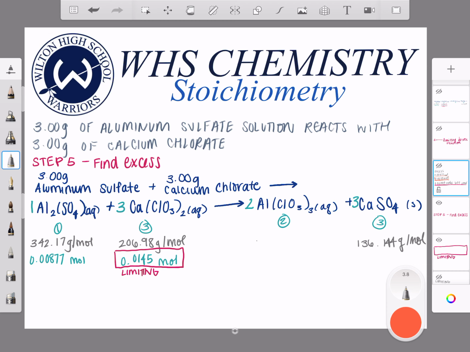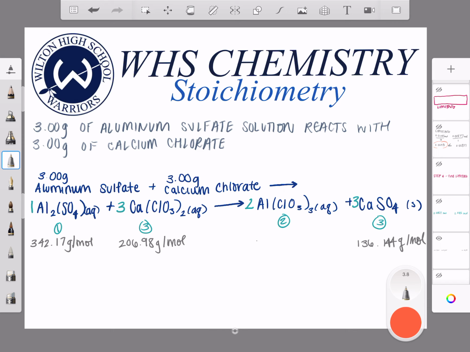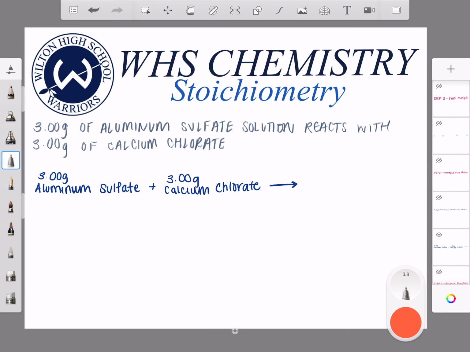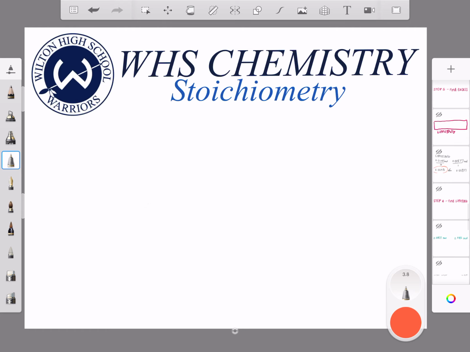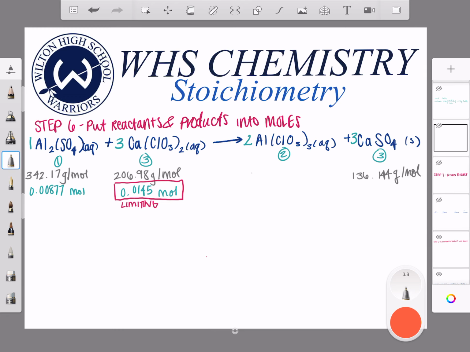Okay, so now that we've determined the excess, the limiting, and our mole ratio, we can actually put all of our products and reactants into moles based off of these mole ratios and the limiting reactant. So let's do that.